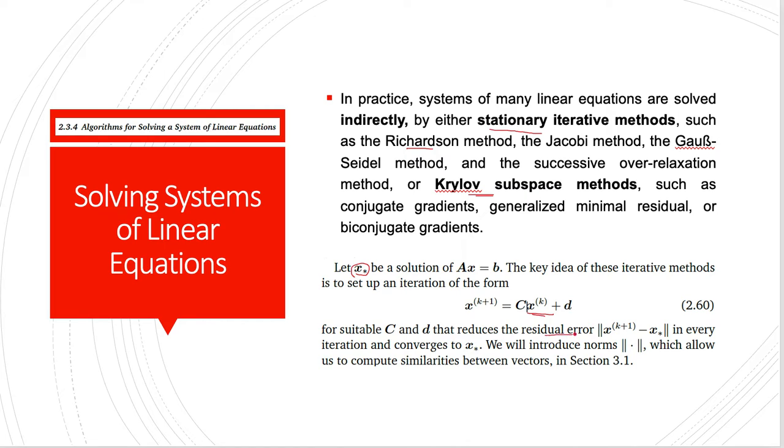The residual error needs to be approximately 0 or 0. If you get the error approximately 0, it means the solution you get is close to whatever you want to have, the aim here.